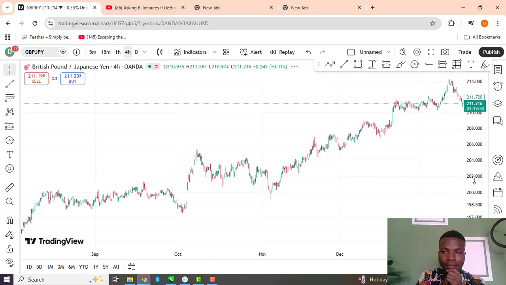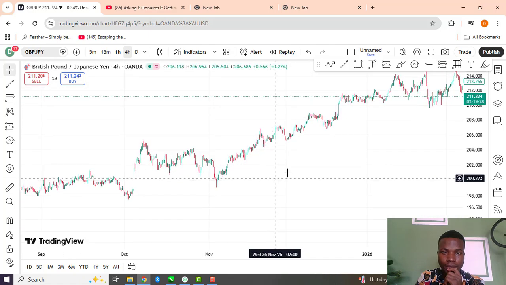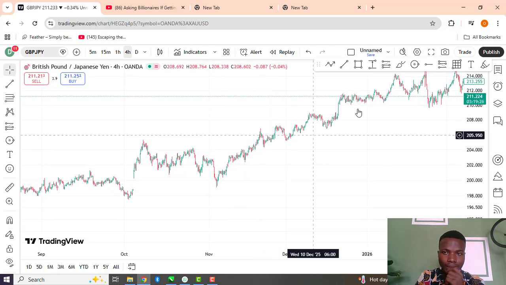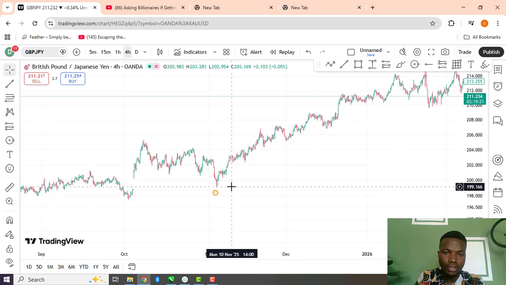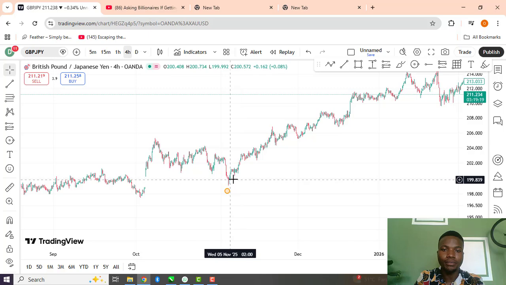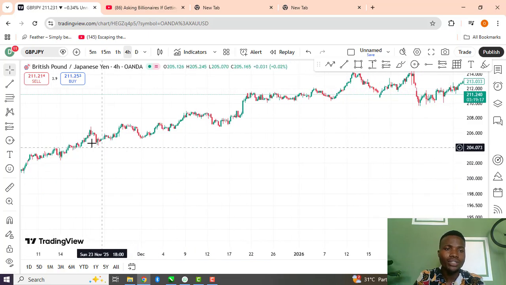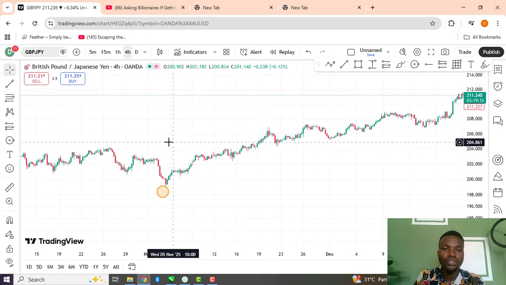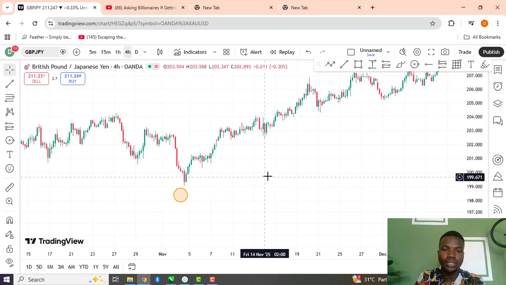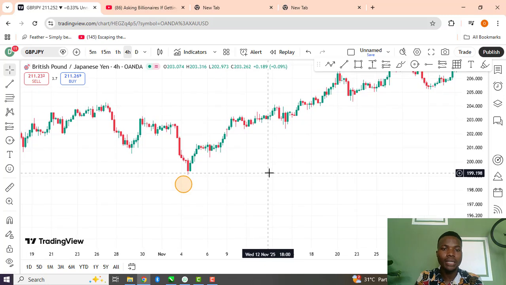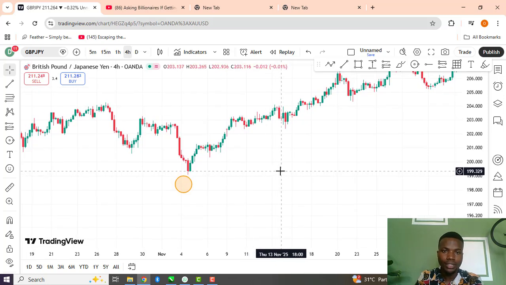I think that we should just start from this range here. So I'm going to start from this level here. To backtest your trading strategy, you need to ensure that you are following the imprint of price, how price moves in the market.